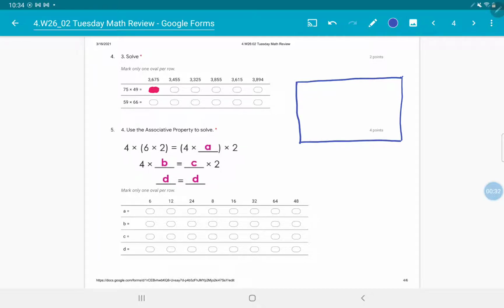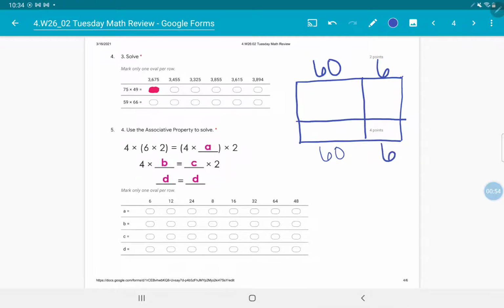Rectangle. It's a rectangle. And we know that one of the rules of a rectangle is that the opposite sides have the same length. So that tells me if this part is 60, what's the opposite part there? 60. If this part is 6, what is the opposite side? 6.